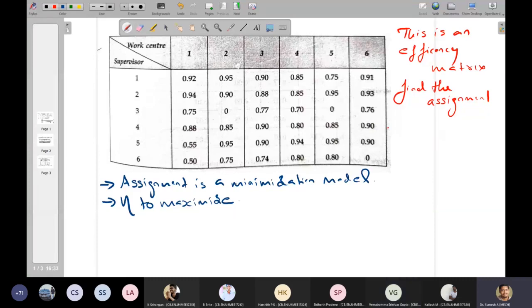But there is another little better way, sir. Whatever you told us, I will not say it is wrong. That is also equally good and will definitely work. What I will say is that you find the maximum value among this matrix. When we find the maximum among these and subtract, no negatives will come.